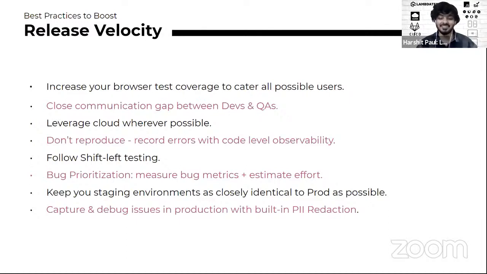So, speaking of the next best practice, make sure you're following shift left testing. It's the buzzword I'm sure pretty many of us are already aware of. Make sure that you're incorporating testing not after the development is done. In fact, it should be incorporated as soon as possible. So even when you are having code review sessions where you're just thinking about how you want to approach a particular feature and scenario, make sure your QAs are involved, and think about automation right from the beginning.